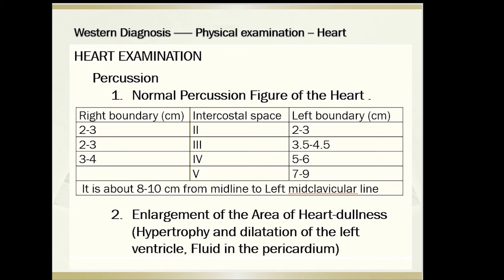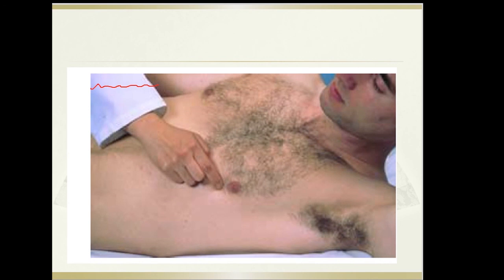Then we're looking at percussion. Percussion still uses the hand, tapping the skin, tapping the heart area. Then we hear the sounds coming from the heart. So what are we trying to hear from the heart?